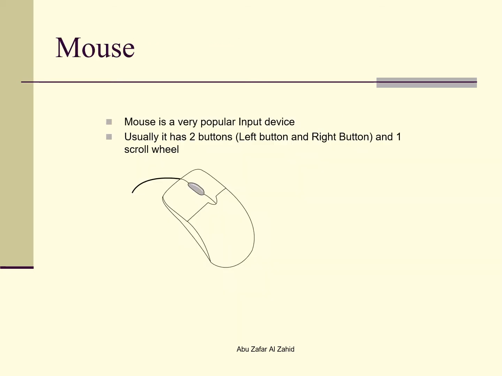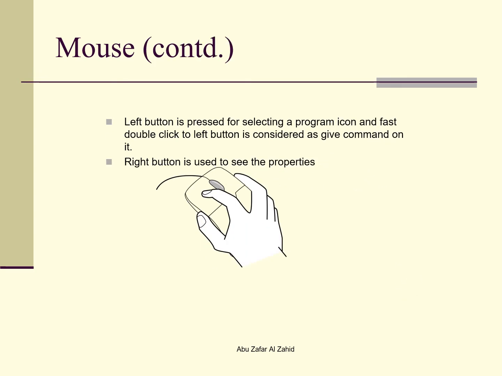Mouse is a very popular input device. Usually it has two buttons, left button, right button, and one scroll wheel. Left button is used for selecting a program icon, and a double click to the left button is considered as giving command on it.